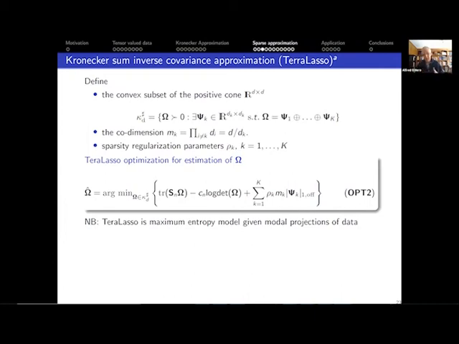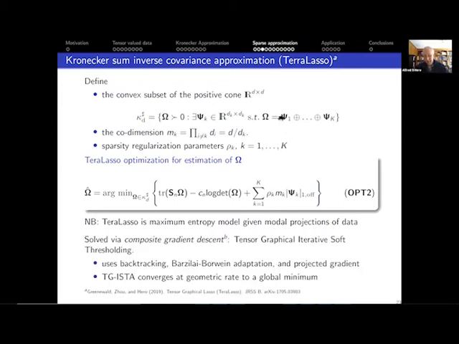This Terra lasso corresponds to the model where if you're only given modal projections of the data on each mode, so you have the matrices or vectors of each mode, you don't know how they combine into the tensor, then this model gives you a solution, which is the maximum entropy solution of the covariance, the inverse covariance under these assumptions of positive definiteness. So the Kronecker sum is a maximum entropy type of model, if that makes you feel warm and fuzzy.